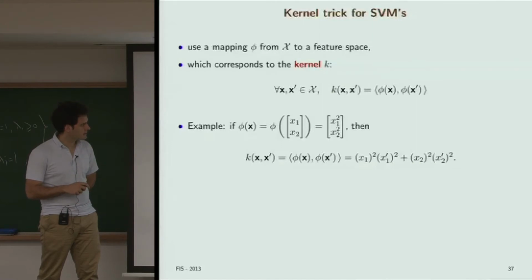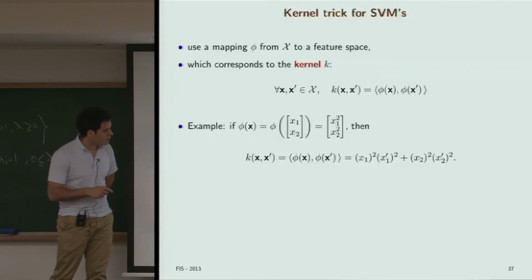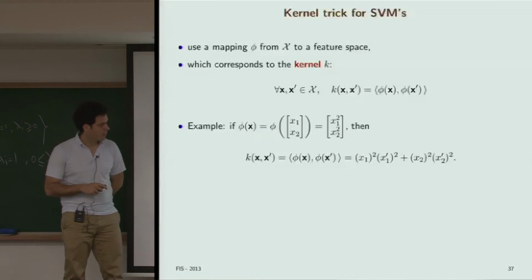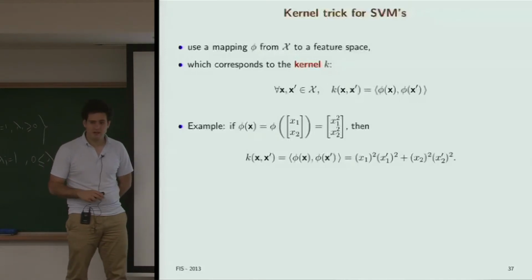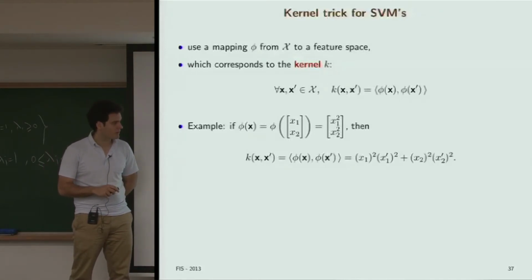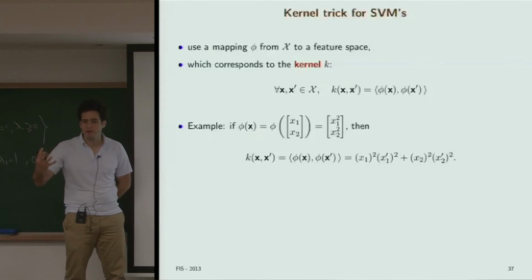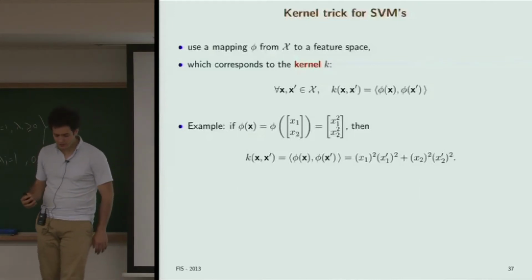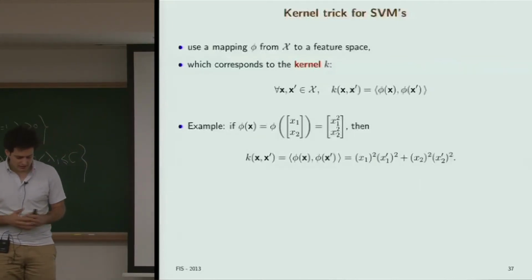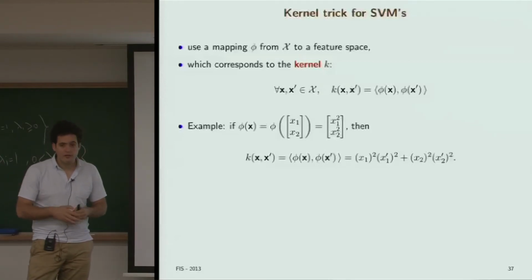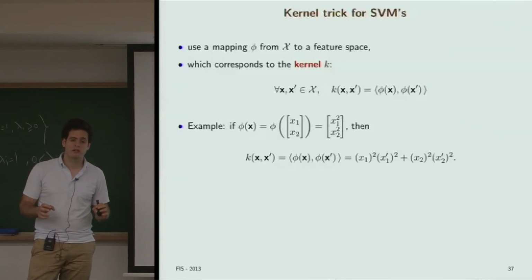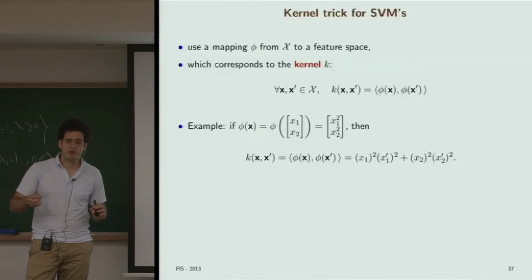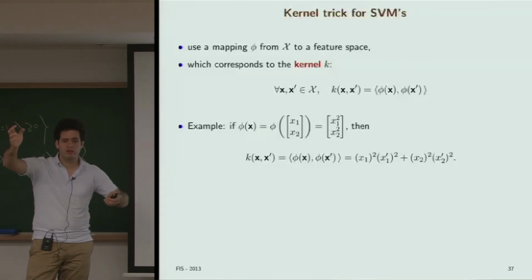It basically means, given two points x and x prime in some set, a kernel k of x, x prime is the dot product of x and x prime when they have been mapped to another space. So for instance, imagine that I have two strings. Imagine that I map each string to a very long vector, and then I take the dot product of those two vectors.